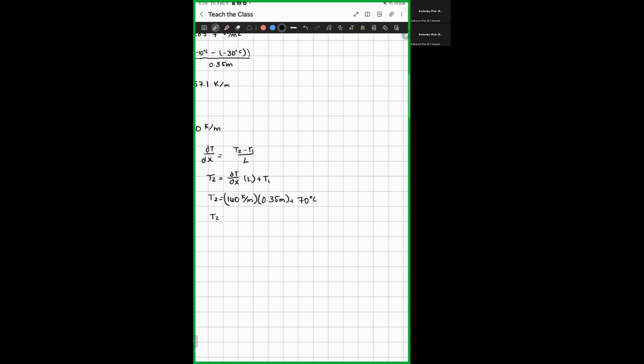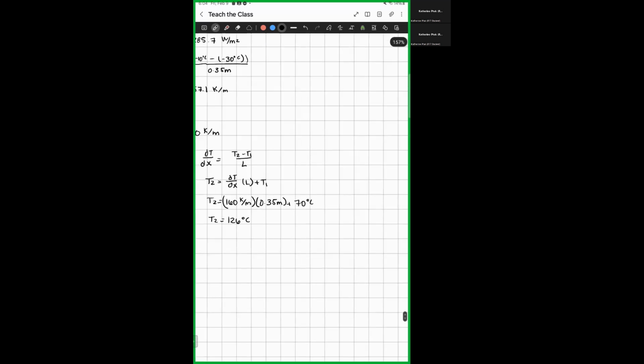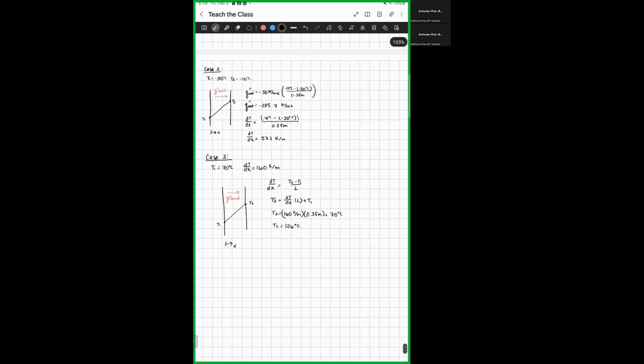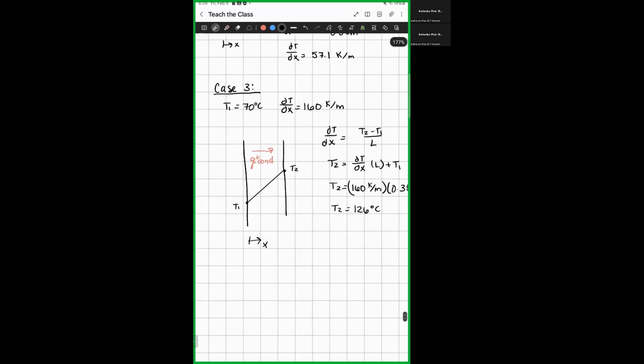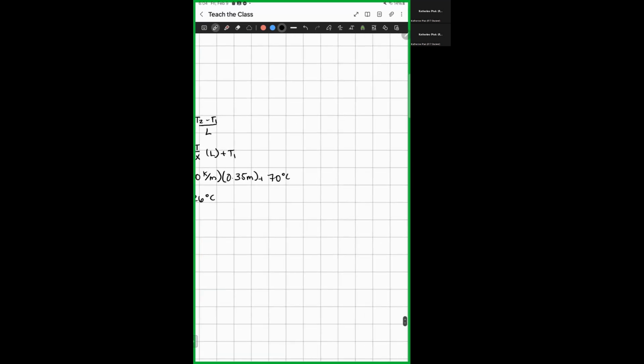So you get T2 equals 126 degrees Celsius. And again, this Kelvin is a difference in Kelvin, so because it's a difference, it can also just be Celsius. And 126 Celsius is greater than 70 degrees. This makes sense with our positive slope.